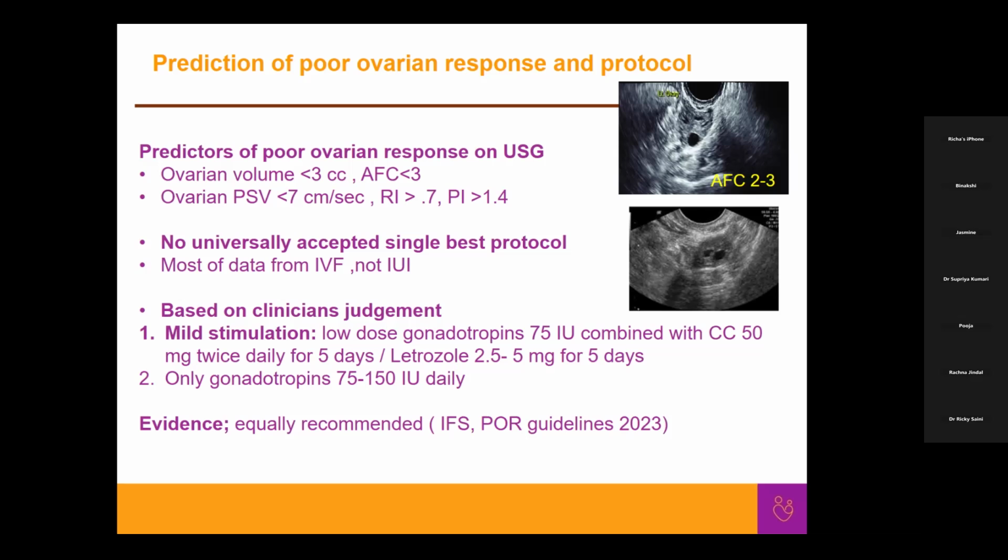The evidence from our own Indian guidelines on PUR says that either only gonadotropin or a milder stimulation gives equivalent results. So this is your choice, you can choose the protocol you like.